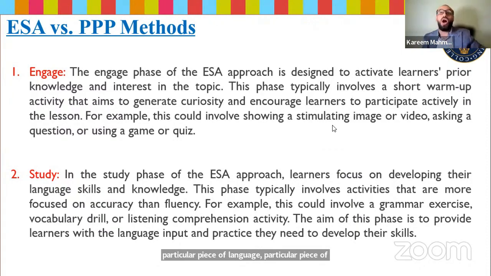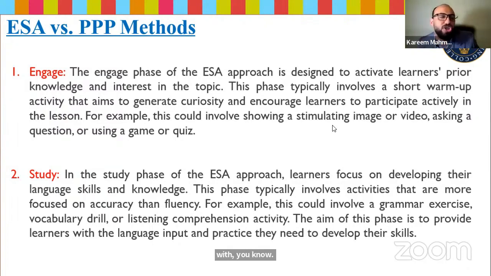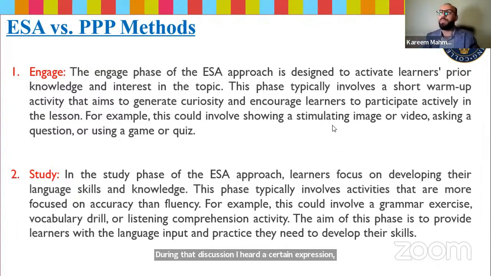I will highlight that, in the language they came up with during their discussion, I heard a certain expression. Okay, very good, why don't I explain it to everyone? Perhaps one of the students used language that is a little higher in level of proficiency than his partner's, so his partner did not understand.